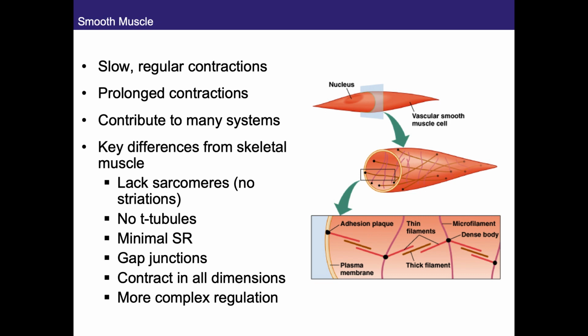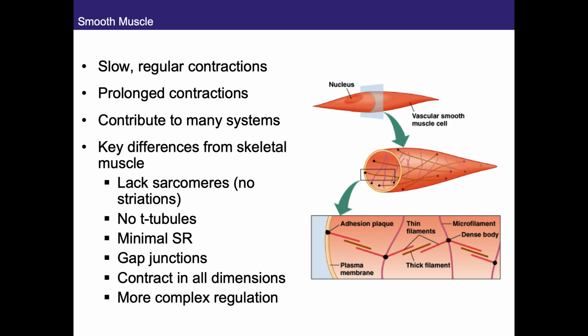Now, we talked about gap junctions with epithelial cells. Some of these cells, called single unit smooth muscle, have gap junctions. So that means the calcium goes from cell to cell to cell, and all of those cells contract as one single unit, called single unit smooth muscle tissue.